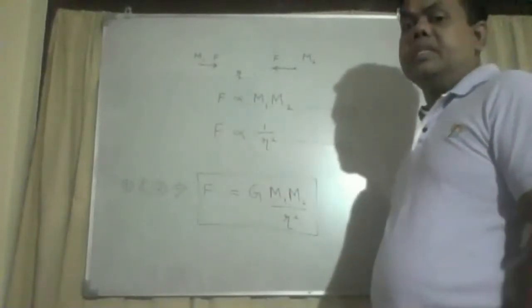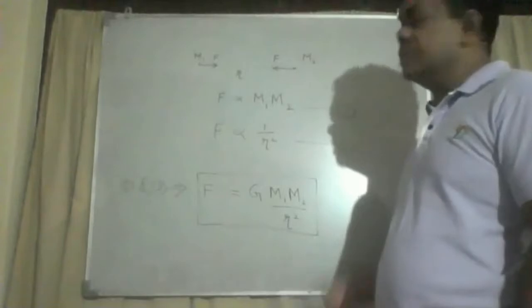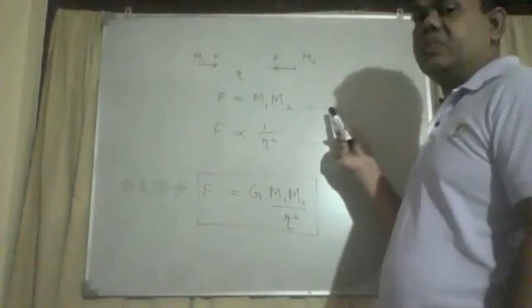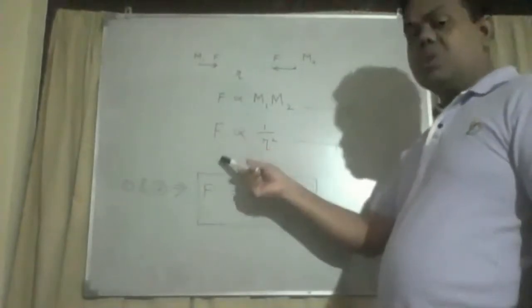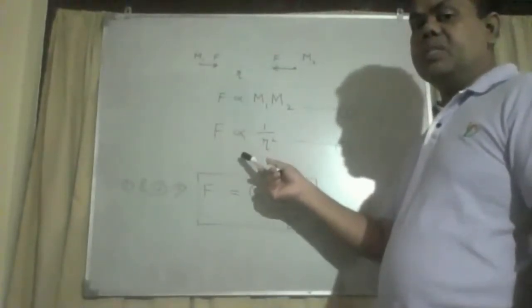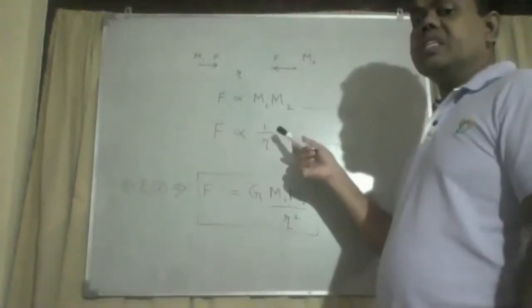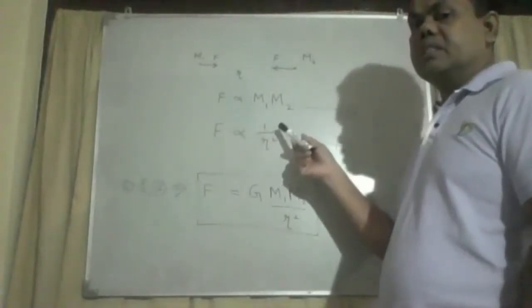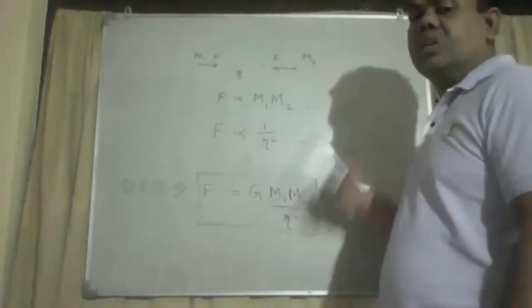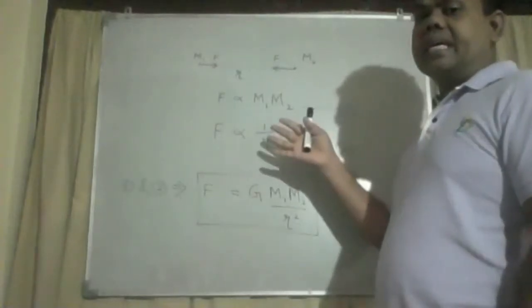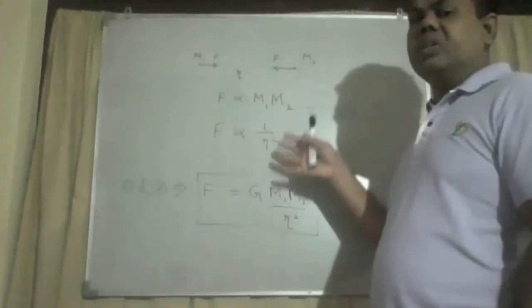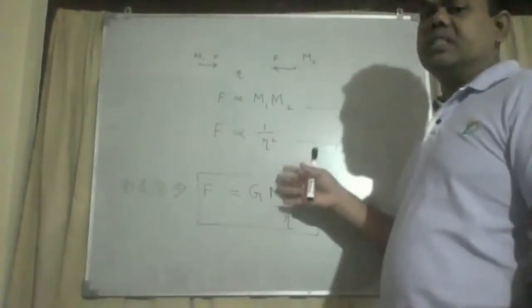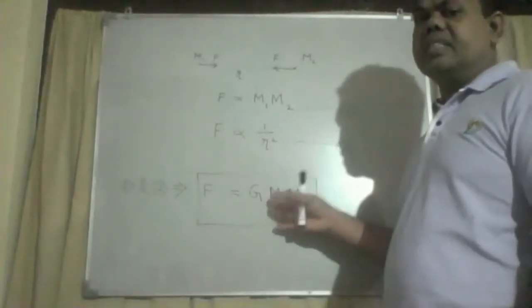Then, as per Newton's law of universal gravitation, F is proportional to the product of M1 and M2, say equation 1, and also F is proportional to the inverse of the square of the distance between the 2 point masses, say equation 2.